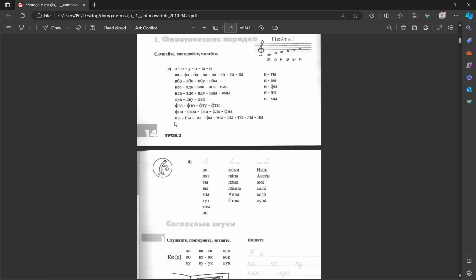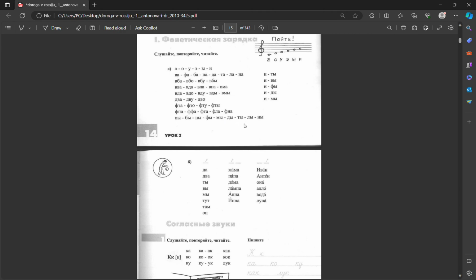Вы, вы, бы, бы, фы. Remember, this is an F, not a V. Мы, ты, ты.